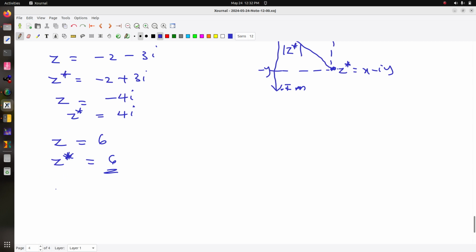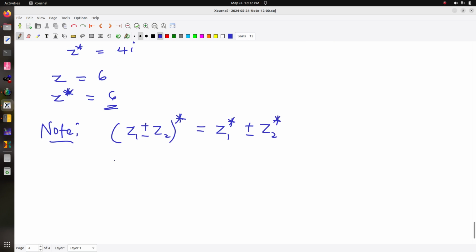Then you should note that if you find the complex conjugate of z1 plus or minus z2, it is the same as finding the complex conjugate of z1 plus or minus the complex conjugate of z2.